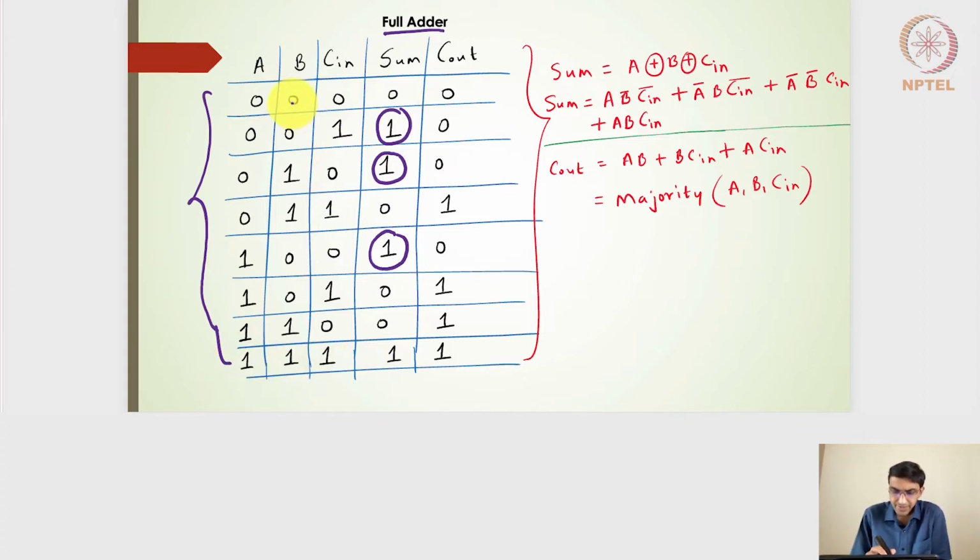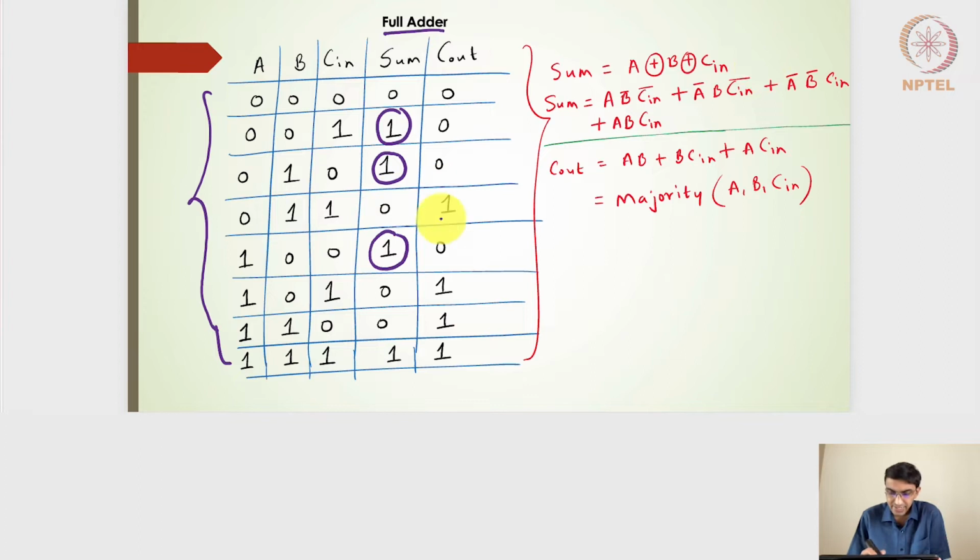For the inputs where 2 of them are 1s, the sum is actually 0, and when all of them are 0, it is 0. So in that sense, the sum can be considered as an XOR operation of all the 3 inputs. It gives us the odd number of 1s within these 3 input combinations. That's why the sum is considered as an XOR operation of all the 3 inputs, which are A, B, and the carry input, the C input.